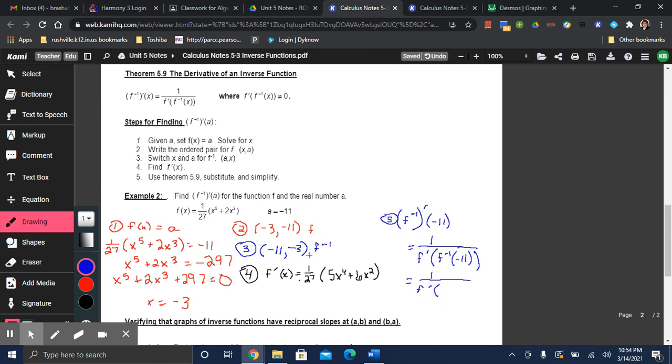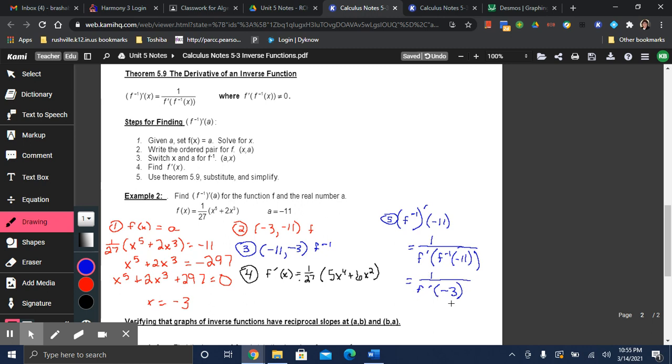This is why I had you do step 3. F inverse of -11 is just this y value, this ordered pair. So you can see why we had to do this work. We had to find what would trade places in this ordered pair so that we would know this y value. So we're really doing 1 over f prime of -3.